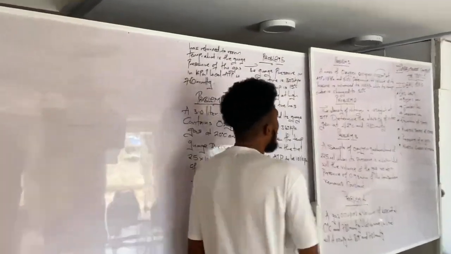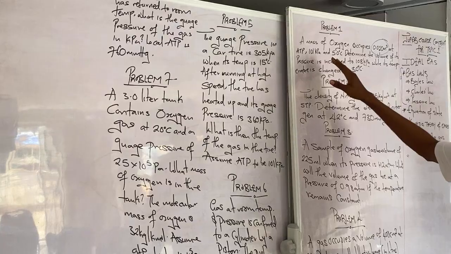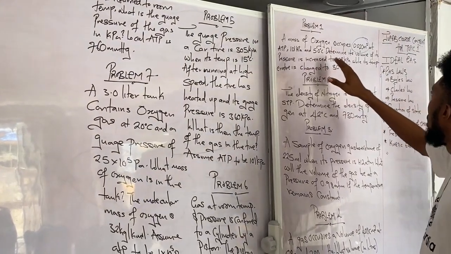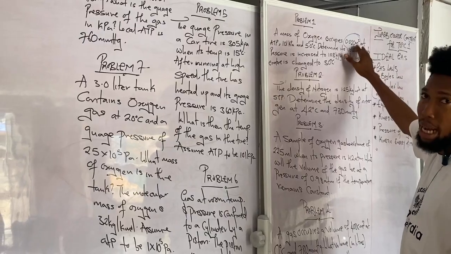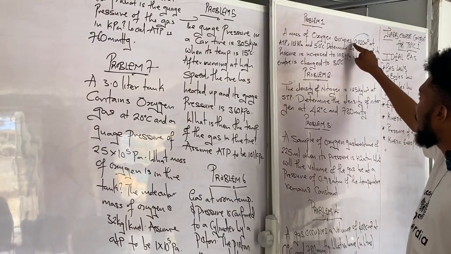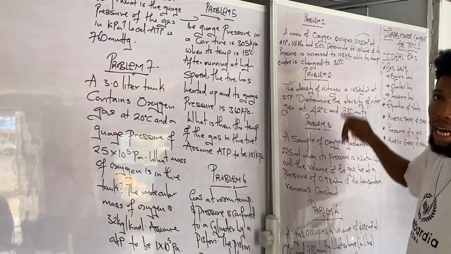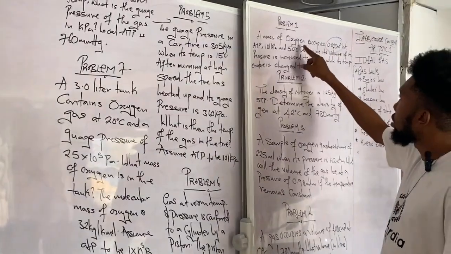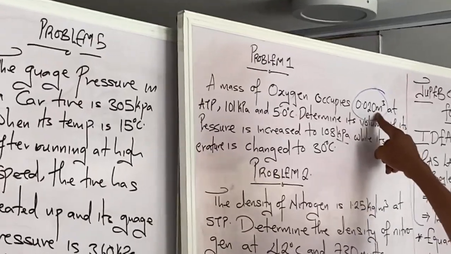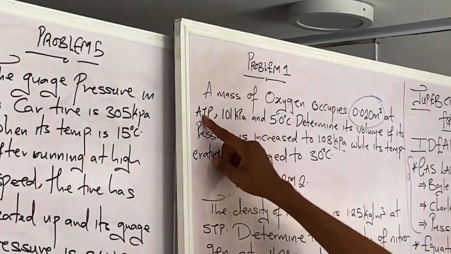Problem 1 says that a mass of oxygen occupies 0.020 meter cube. "Occupies" tells you that it has to do with quantity, and that tells you we're talking about the volume parameter. So a mass of oxygen occupies 0.020 meter cube at ATP.